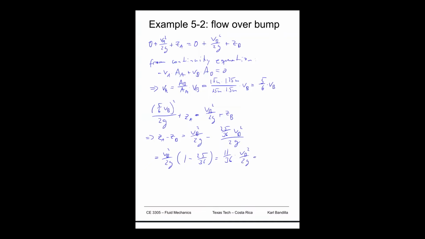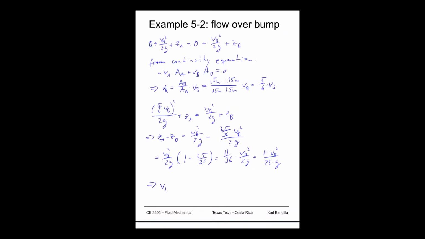So we get 11 times VB squared over now 72 times G. All right, I think that's all we need. Oh no, we still need to divide this through with our z's. So if we bring this to the other side, we want to just have VB.